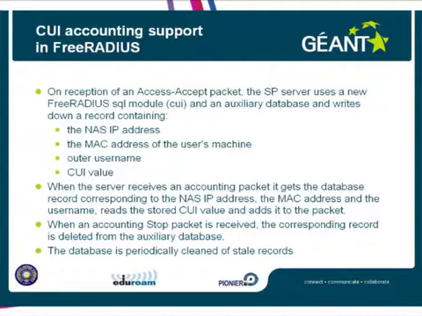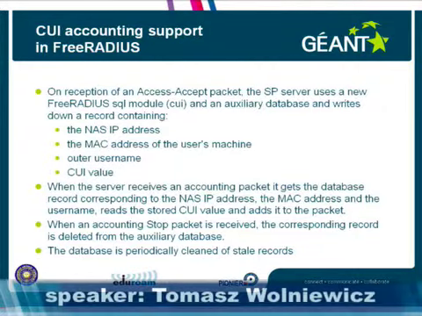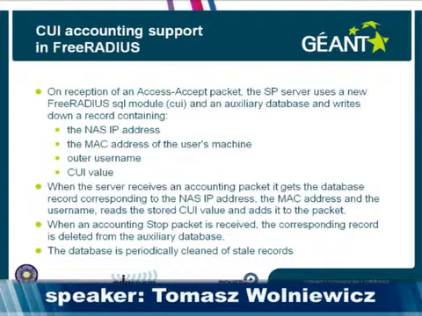And then when it receives an accounting request from the access point, it looks up in this temporary database the record that matches some parameters of this accounting record, puts all these together, and adds the corresponding chargeable user identity value to this accounting request.